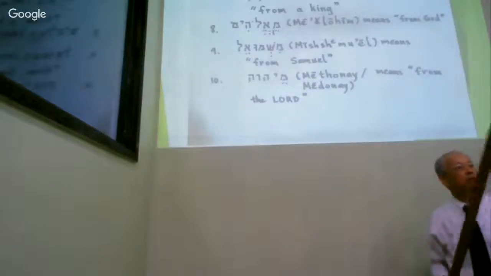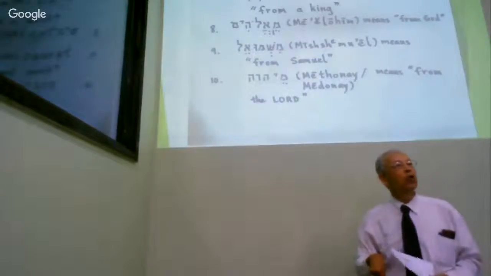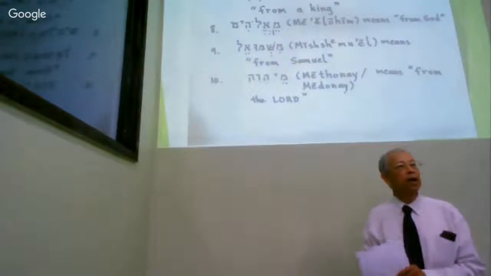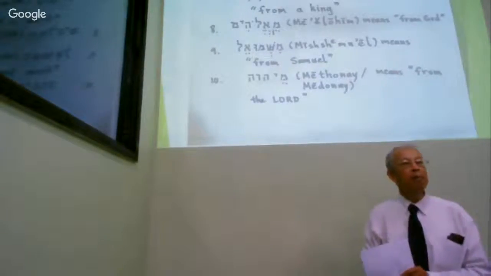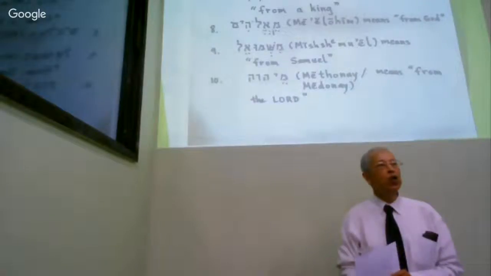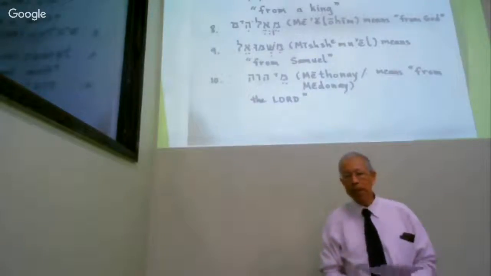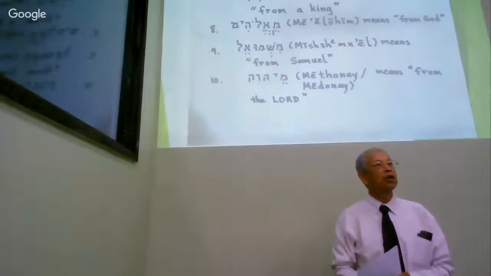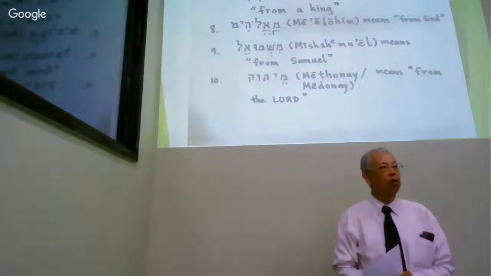What is min? Enrico, what does min mean? Min, M-I-N. Mem, hirik, and nun. Min means, it starts with the letter F in English. From. Min by itself means from.